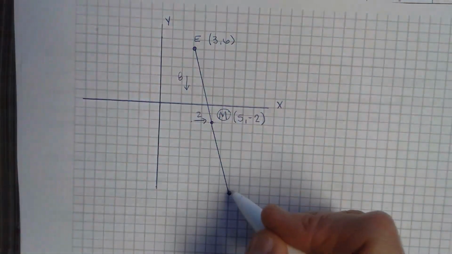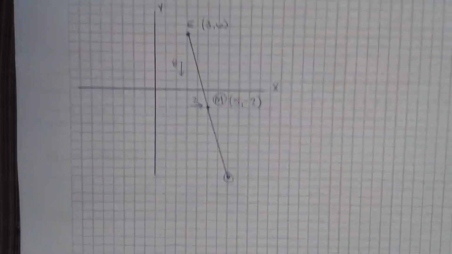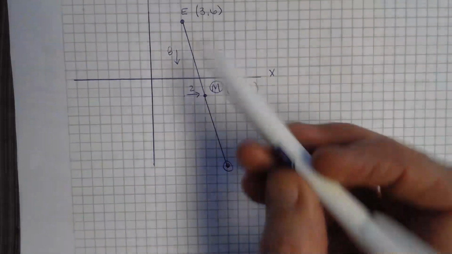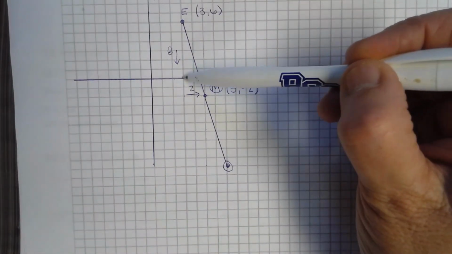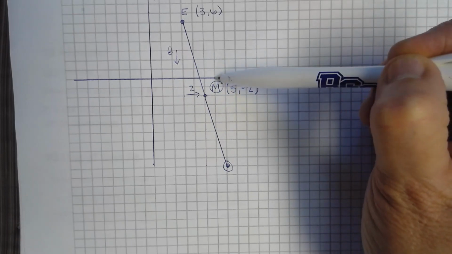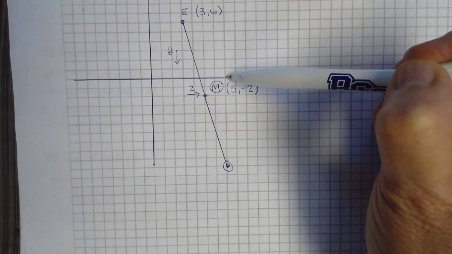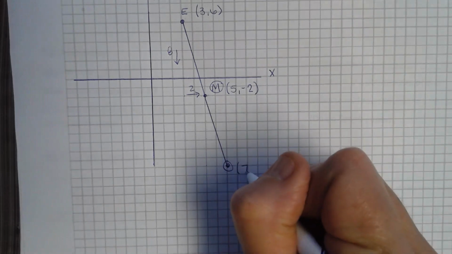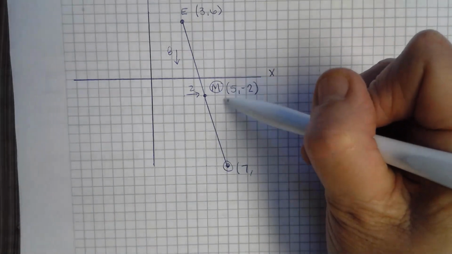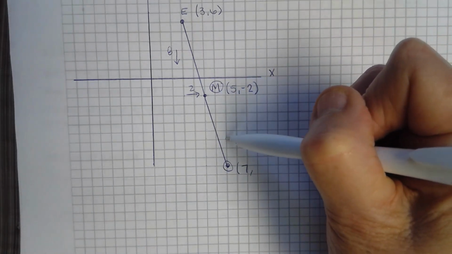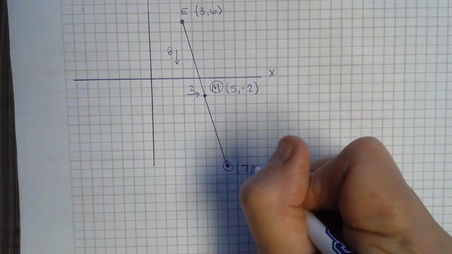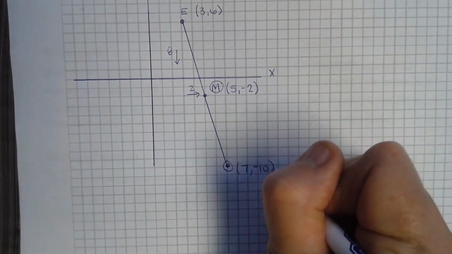So this is the point we're looking for, and now I just need to figure out what that coordinate is. So I'm going to count over 1, 2, 3, 4, 5, 6, 7. 1, 2, 3, 4, 5, 6, 7, 8, 9, 10 in the negative direction.